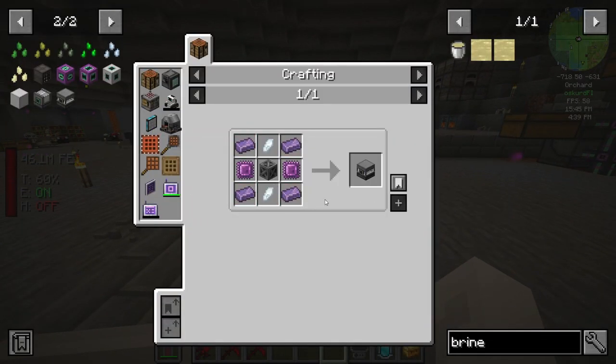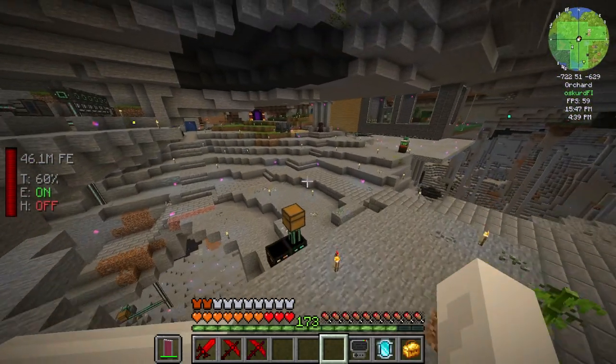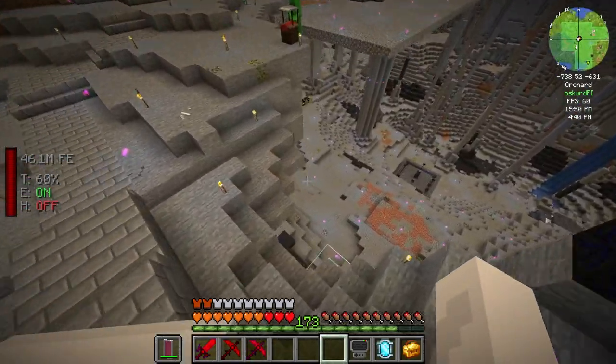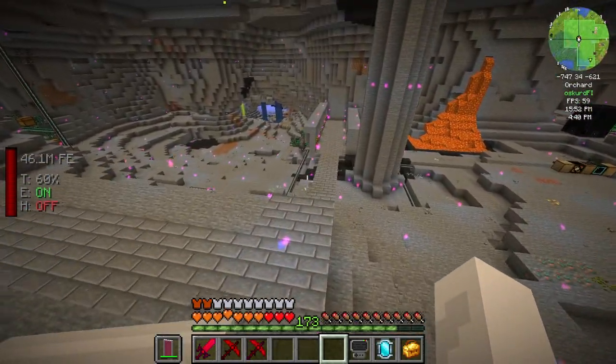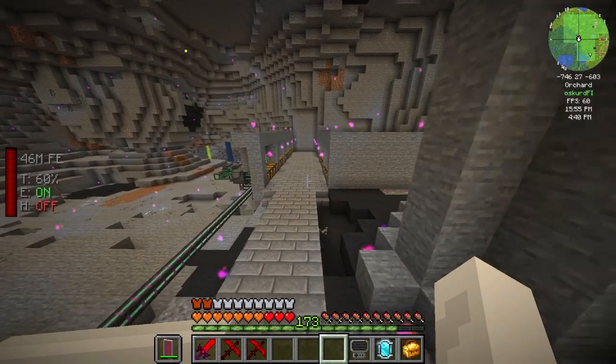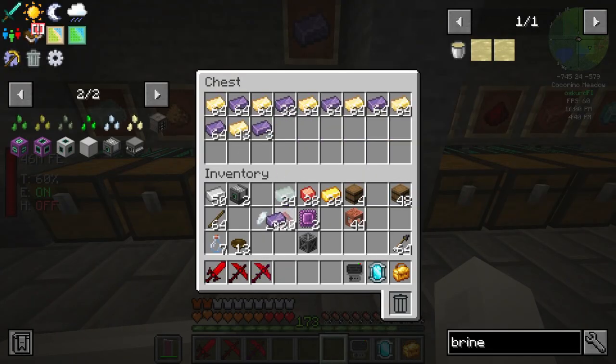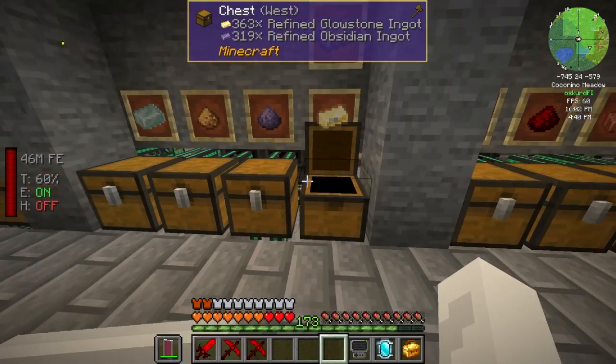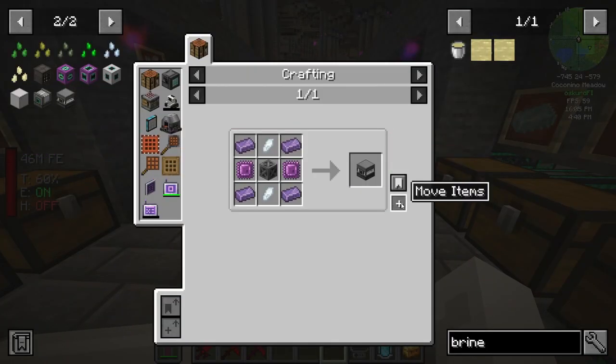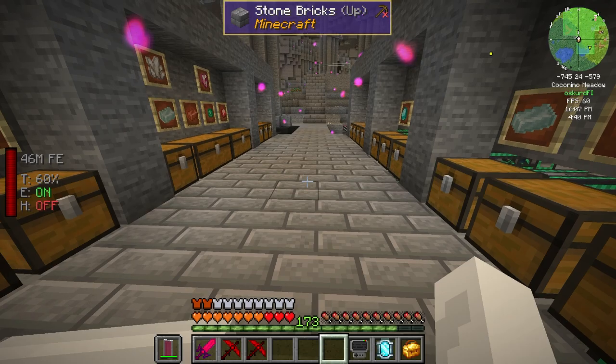Okay, now we need refined obsidian ingots, which is also downstairs. Also fully automated. Right here. So 4 of those. There is that bad boy done.